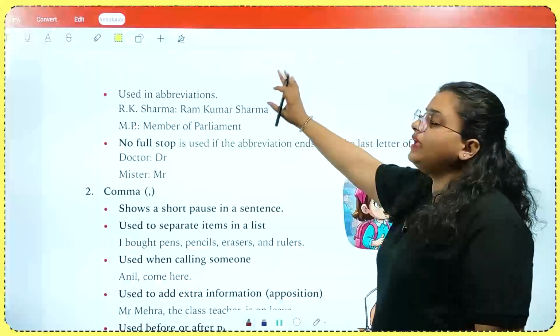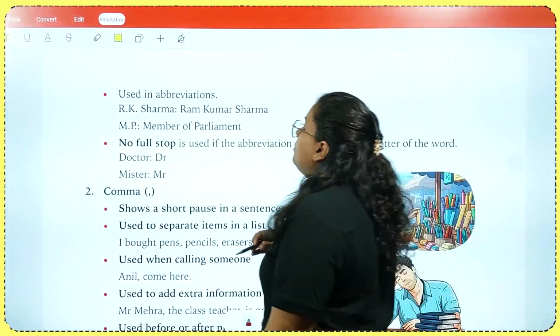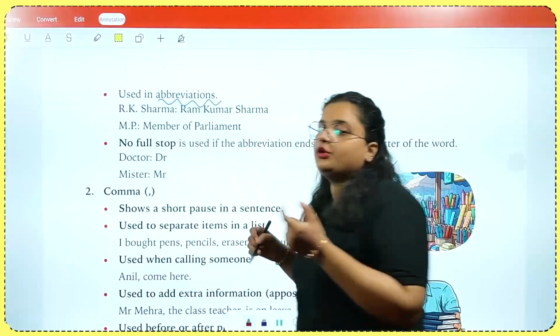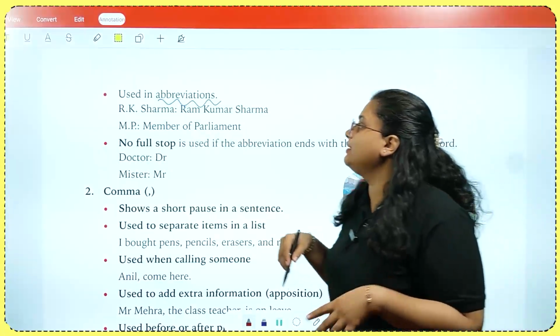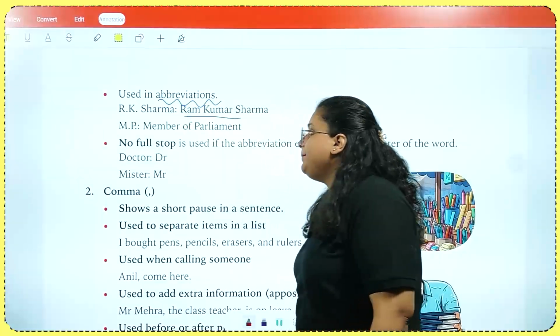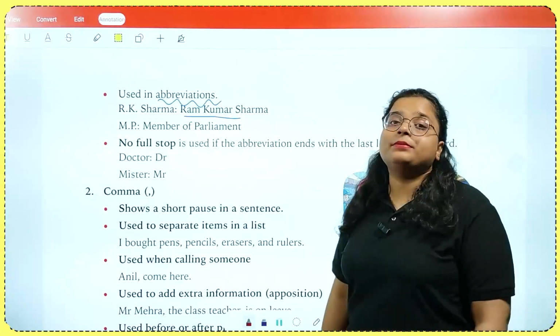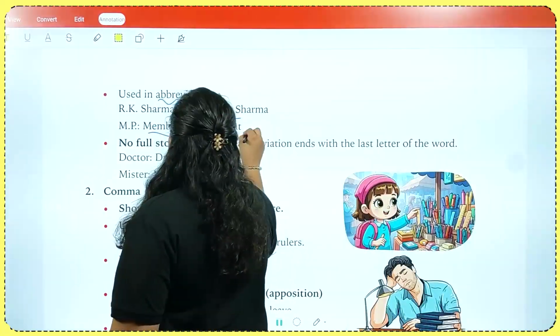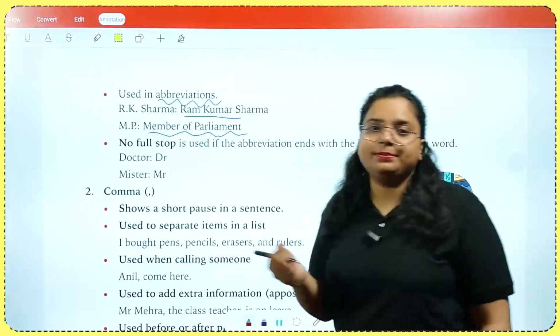Now, what is the use of abbreviations? Abbreviations are used to write in short, smaller forms. Okay, R.K. Sharma, Ram Kumar Sharma, MP, member of parliament. Okay, this is a very commonly used abbreviation, MP.